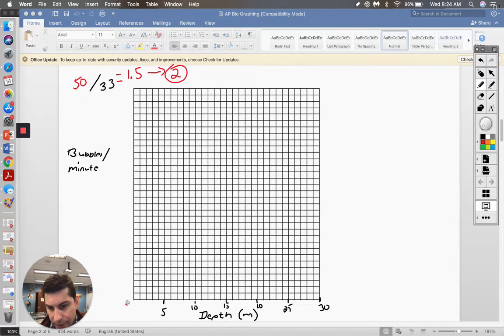Again, we're starting at 0. 1, 2, 3, 4, 5. So right here, 5 blocks up, each block is 2, so that block is going to be 10. 1, 2, 3, 4, 5, that block there is going to be 20. 1, 2, 3, 4, that block there is going to be 30. 40. 50.